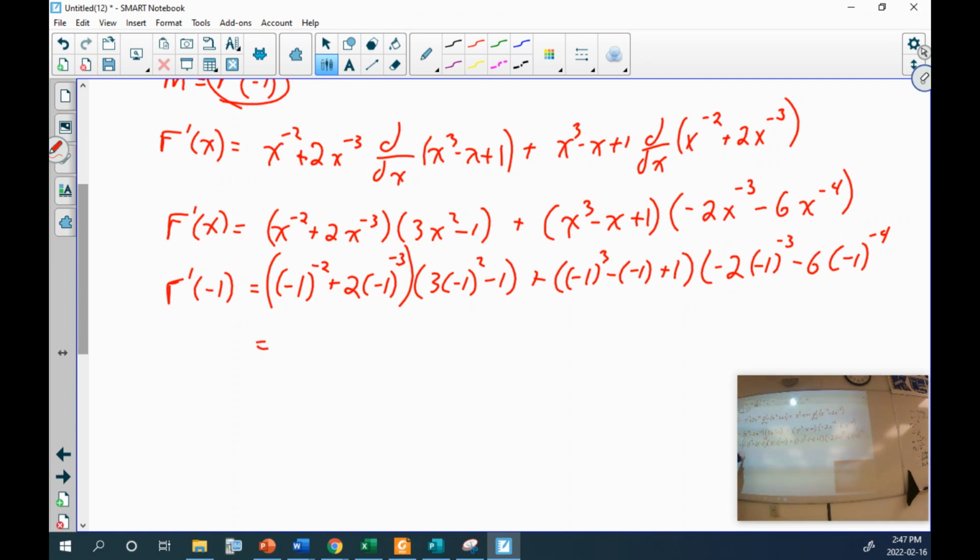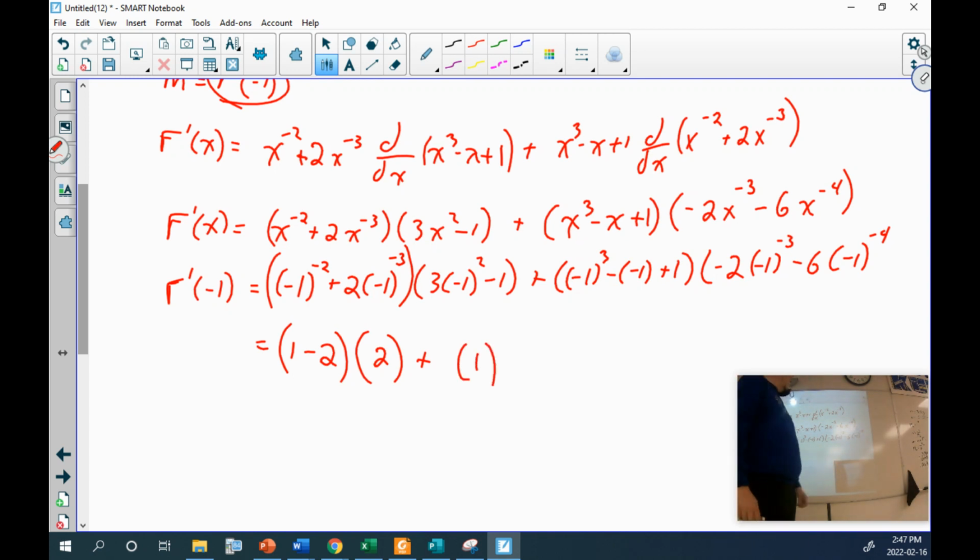-1 to the -2 is 1. -1 to the power of -3 is -1. So we have -2. This becomes 3 minus 1, so that's another 2. Plus -1 plus 1 plus 1 becomes 1. So -1 to the power of -3, I'm going to cube it, and then I'm going to drop it underneath.